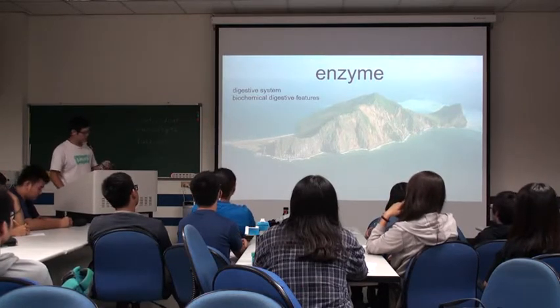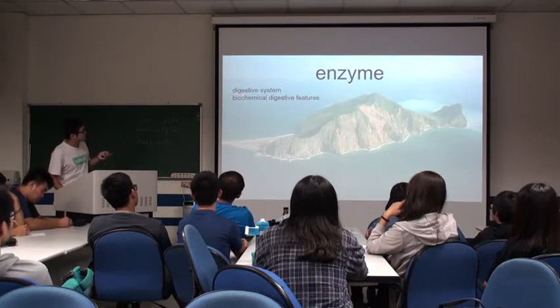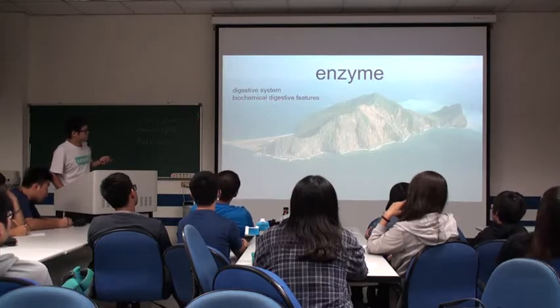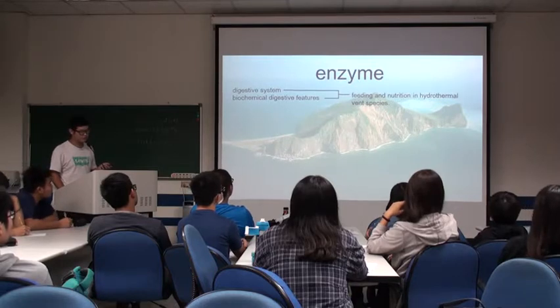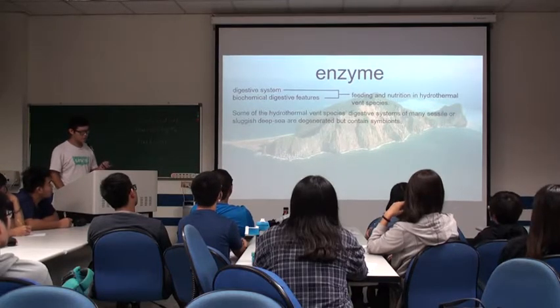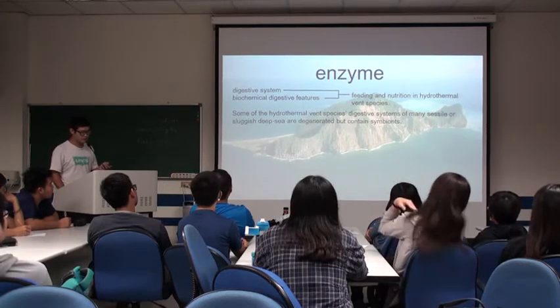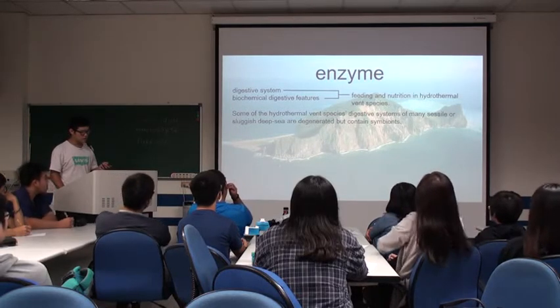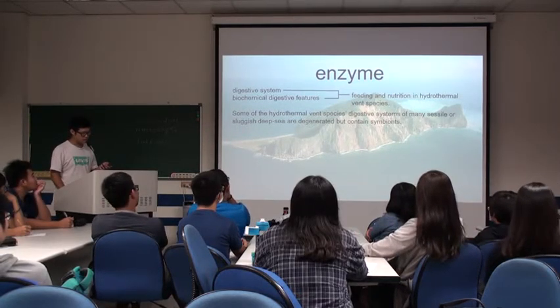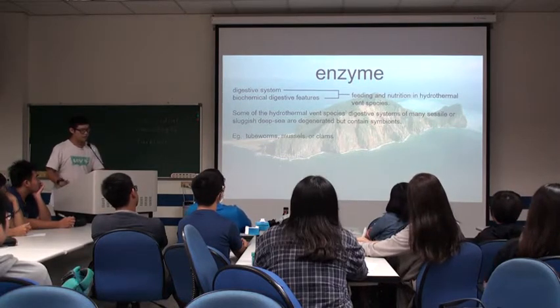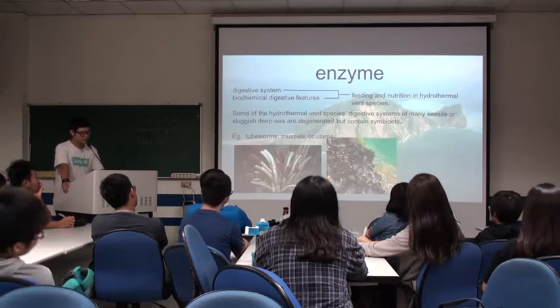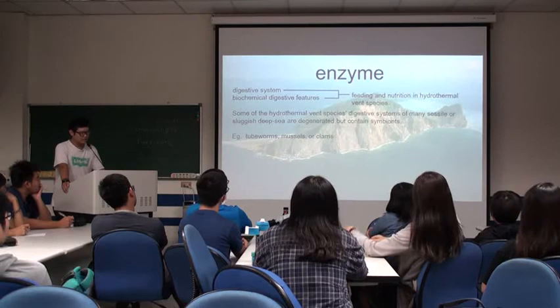The enzymes in their body, the digestive system and biochemical digestive features, are an important clue about the feeding and nutrition of hydrothermal vent species. The digestive system of many sessile or sluggish deep sea species is degenerated, but certain symbiont-bearing species like tubeworm, mussel, or clam differ.